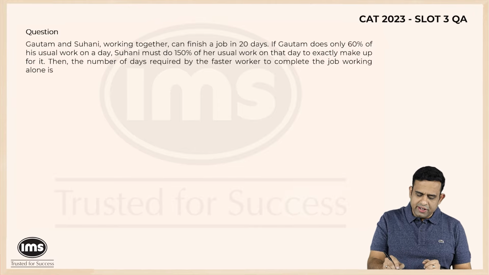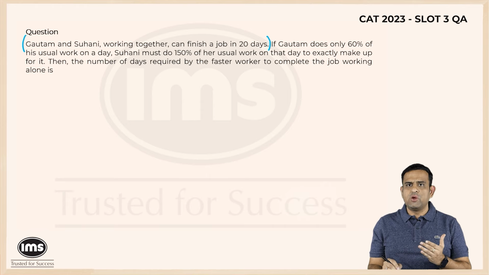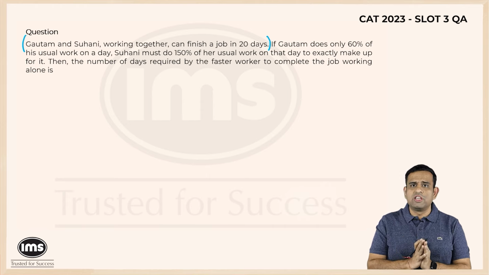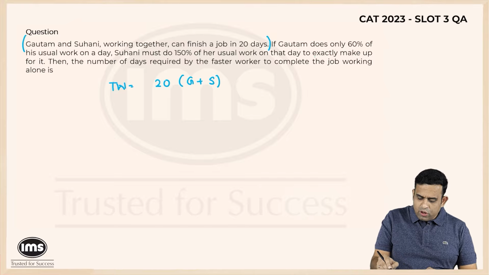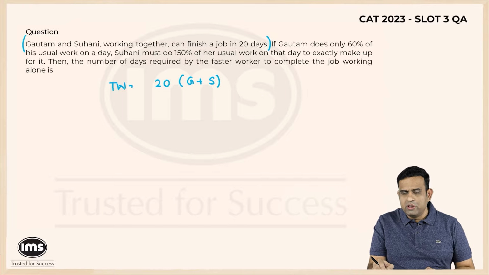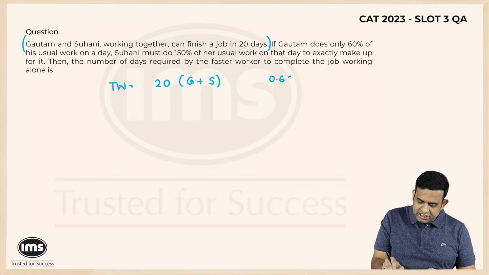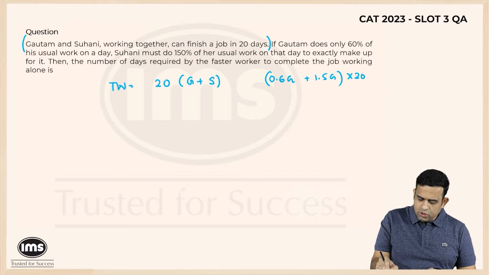What we can do in this particular case is, from the first sentence, if G and S working together can take 20 days, I can assume G and S to be the amount of work done by Gautam and Suhani in one day, so total work can be taken up as 20 into G plus S. Now, if Gautam does only 60% of usual work, the efficiency of Gautam becomes 0.6 G. In that case, Suhani has to work at the rate of 1.5 for 20 days to compensate.